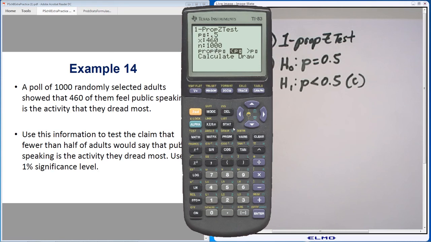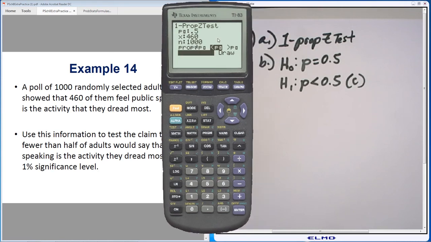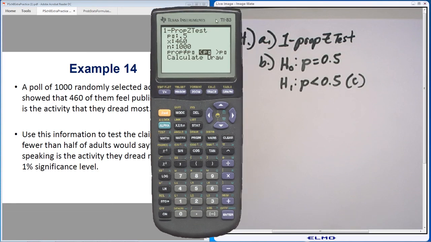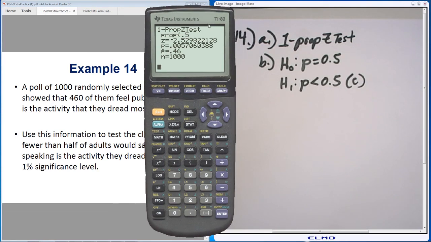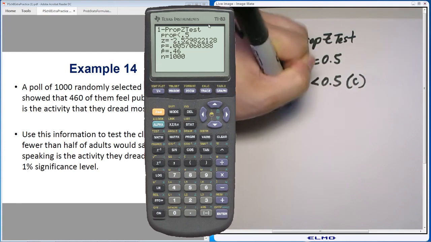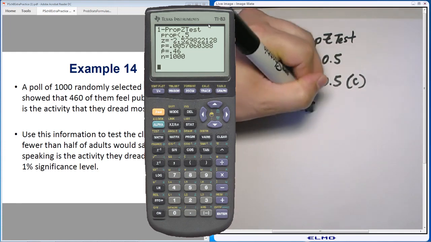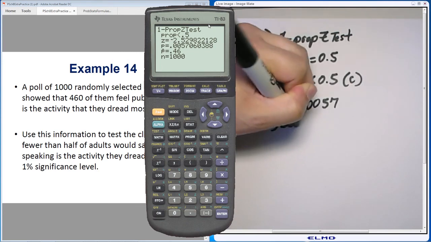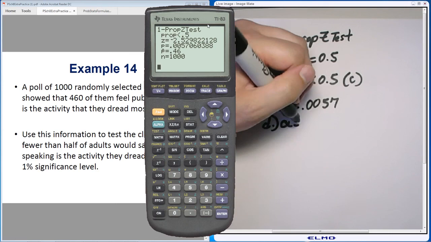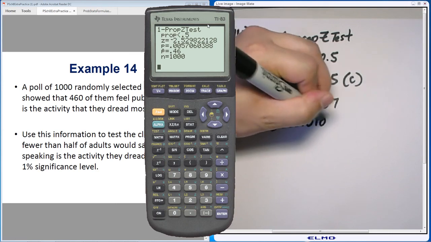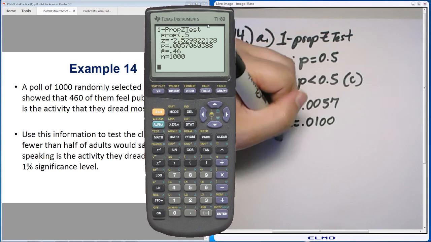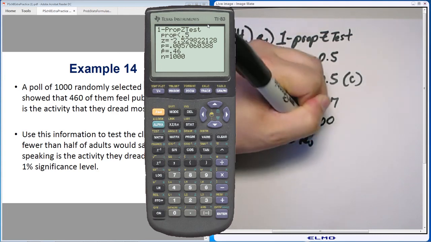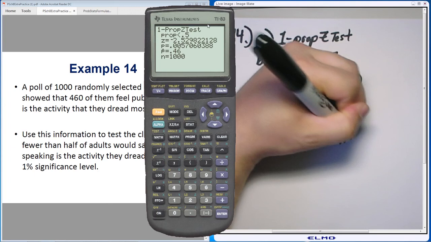There's the calculator input. It gives us a p-value of 0.0057. Next step, alpha is 1%. Alpha is still bigger, so we reject H sub 0.